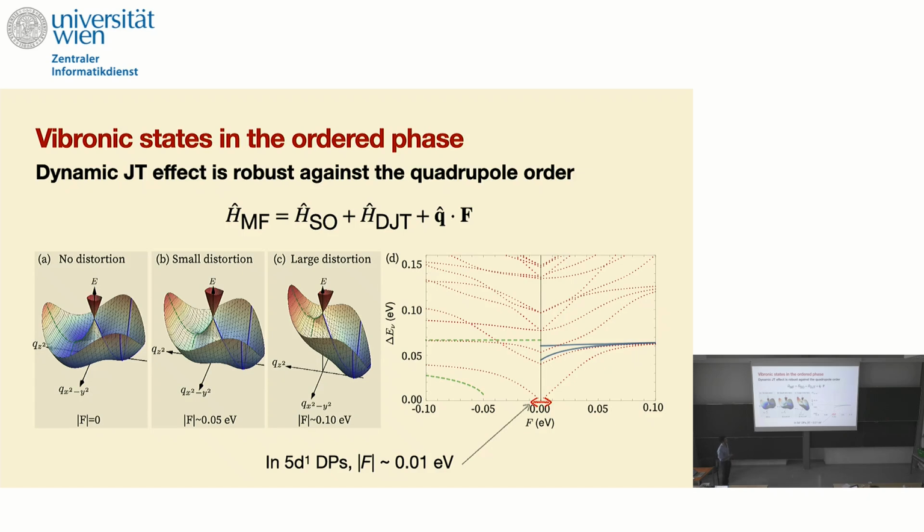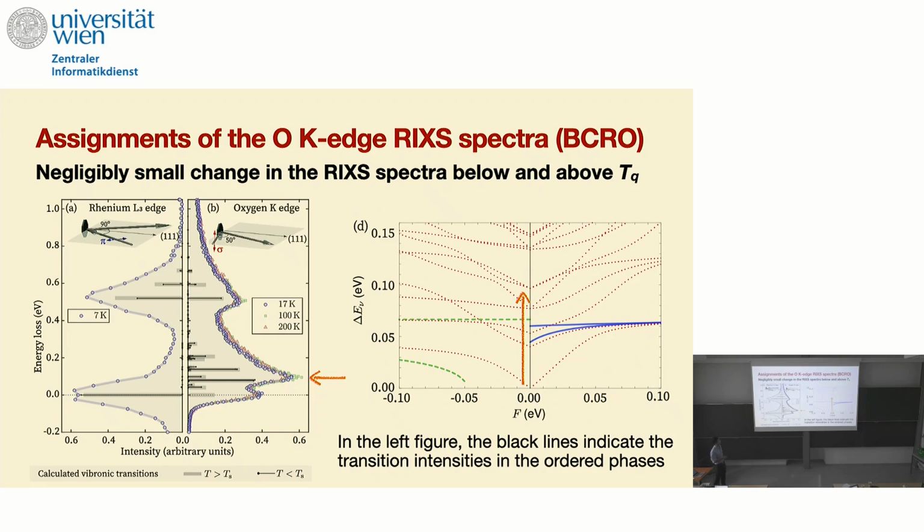As a consequence, with or without vibronic ordering, the spectra don't change the shape much. And this gray dashed line shows the spectra above the transition temperature, and the black line shows the spectra below the transition temperature, and they don't change much.